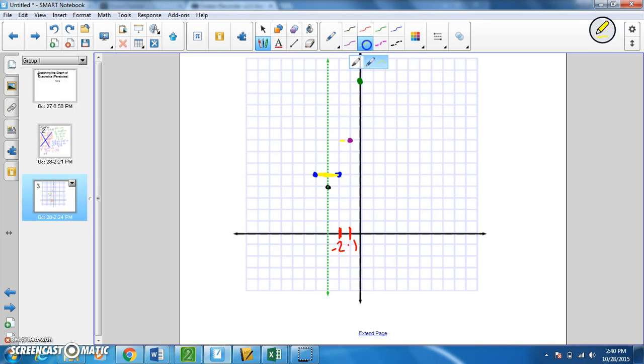Our second point would be 2 x values, so we're going to go 2 x values in the opposite direction and make a point. Now that we have our 5 points, I can connect them. And I now have a sketch of my parabola.